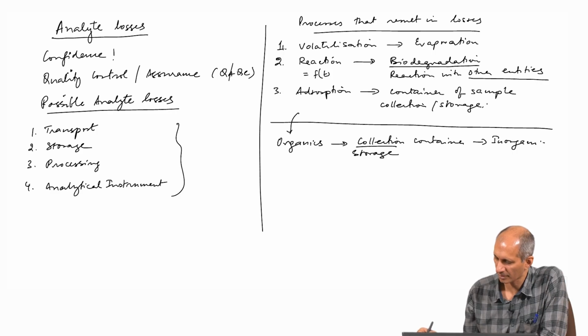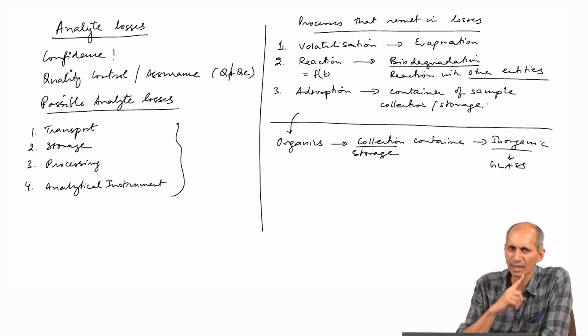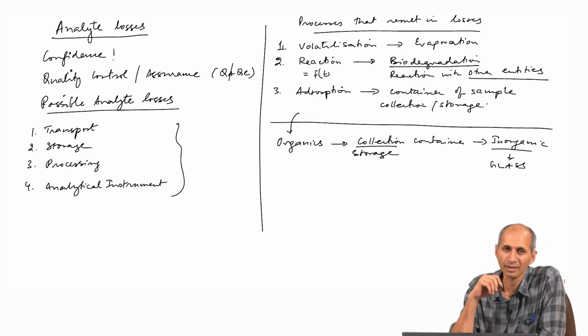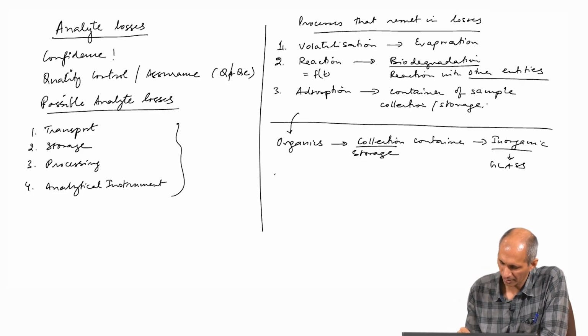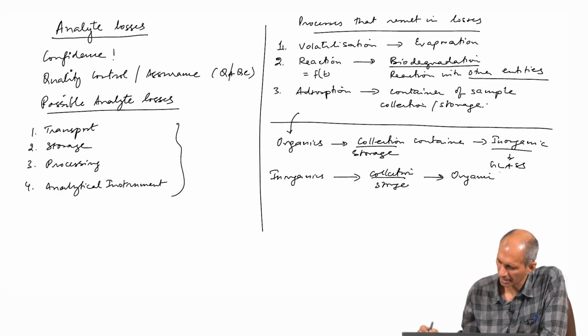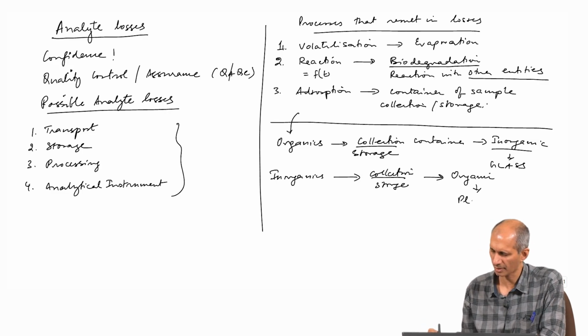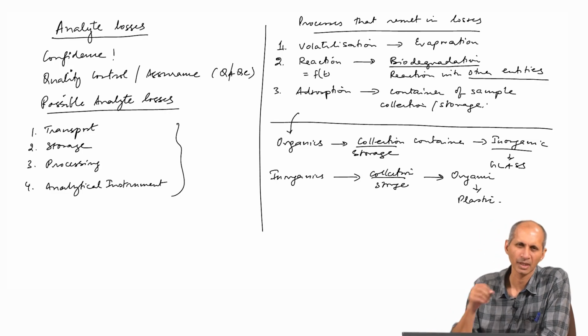One of the most common inorganic containers is glass. So if you are handling organics, then typically it is glass containers, and similarly if you are handling inorganics, the storage and collection container is organic typically, which means a lot of times this is plastic.